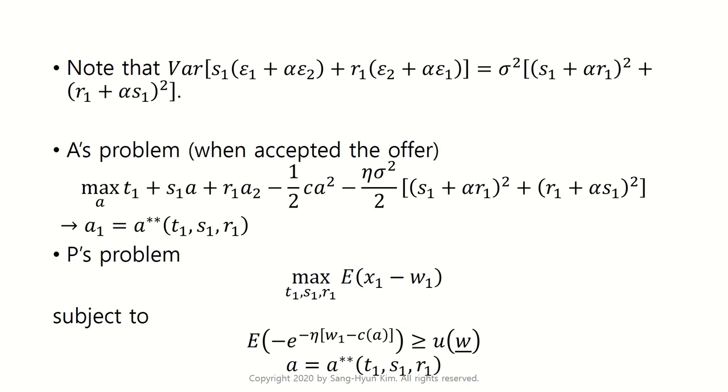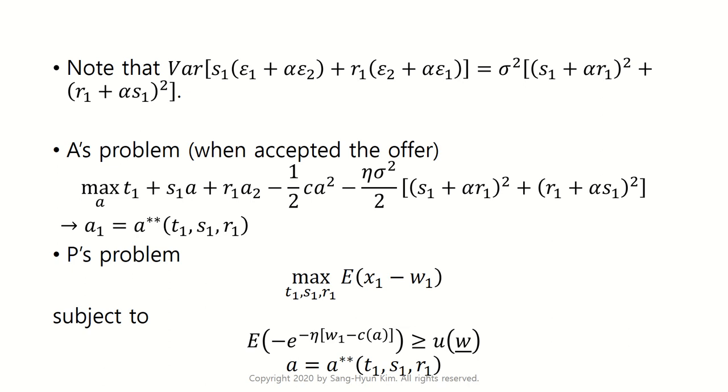If agent 1 accepts the offer, then agent 1's effort decision can be written like this: T1 plus S1 times A1 plus R1 times A2 minus the effort cost minus the disutility from the risk.